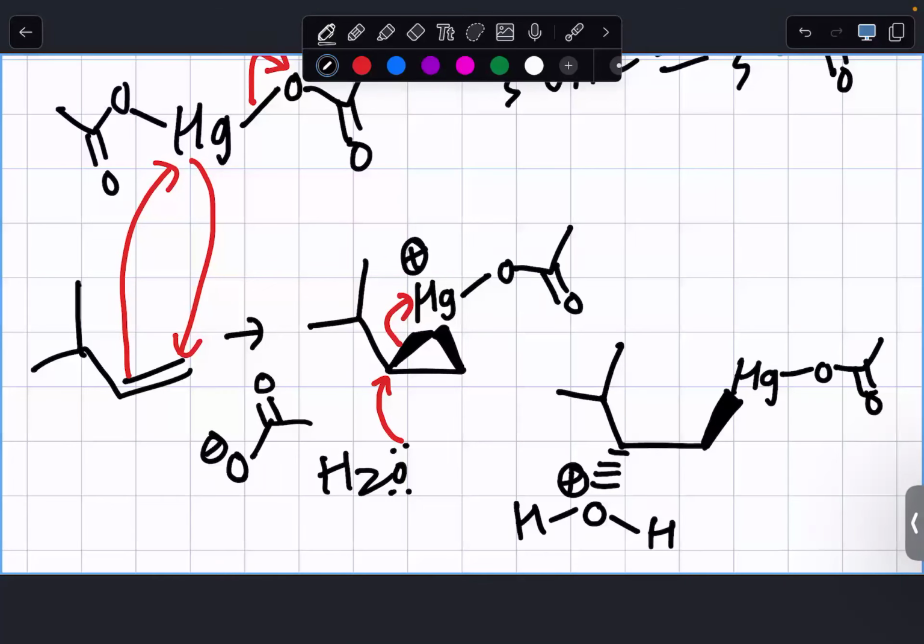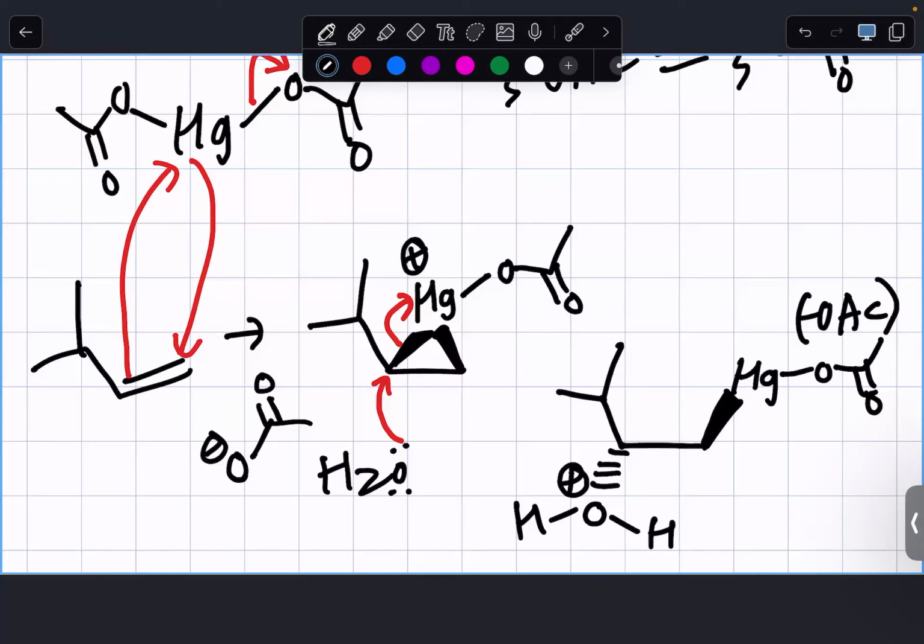You could write HgOAc instead. Your TA will be able to understand that. Instead of this, you could also write HgOAc, which is probably faster. This is OAc. That's why I originally put it as planar.